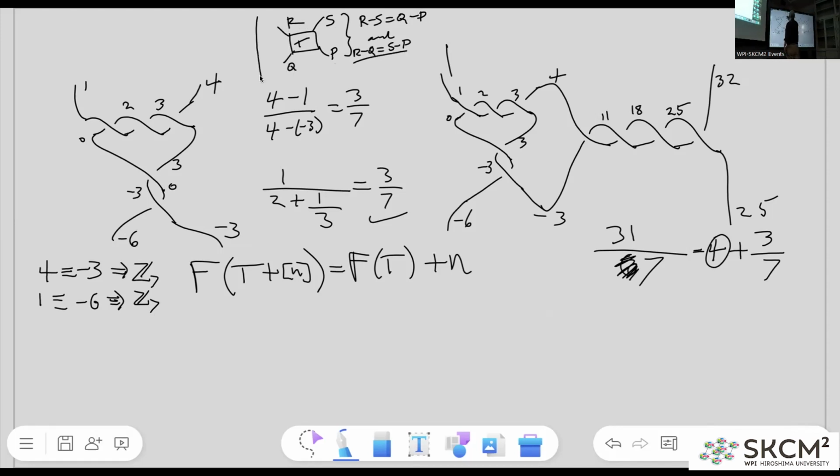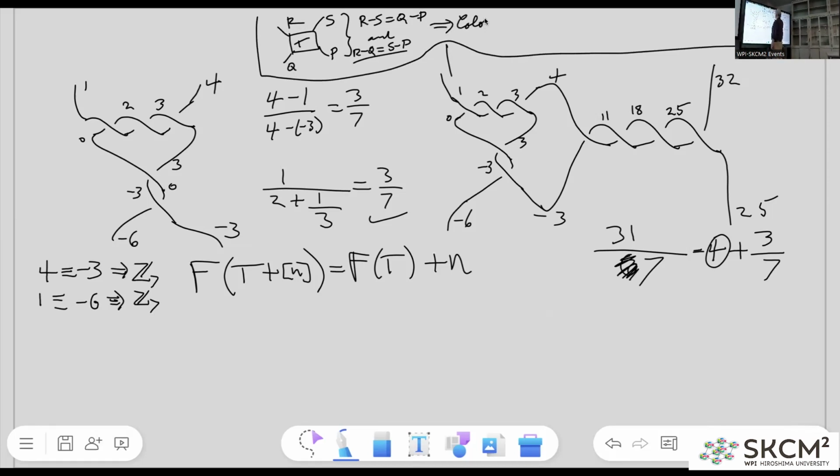And that means that we get colorings in Z mod R minus S, closing it up like that, and colorings for Z mod R minus Q, the other one, for closing it up the other way.